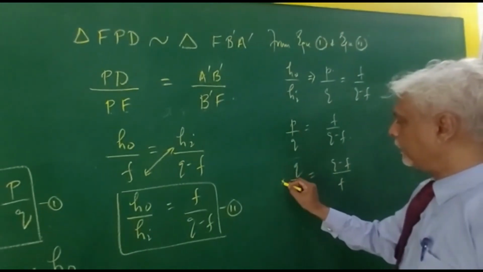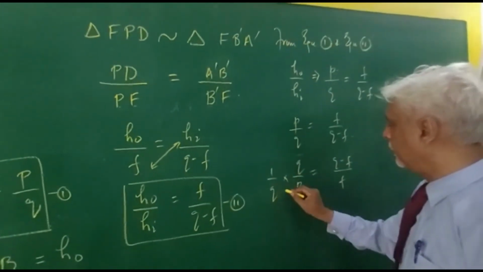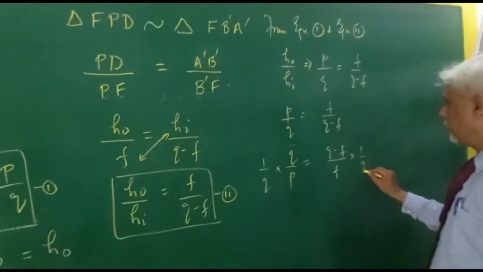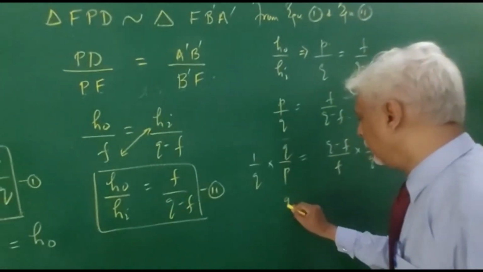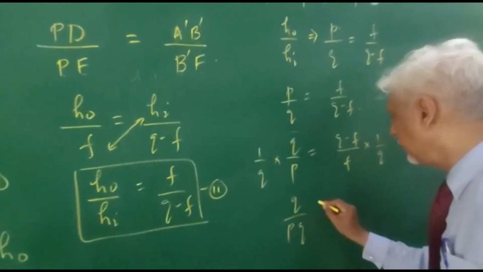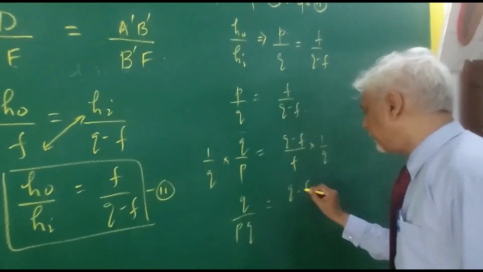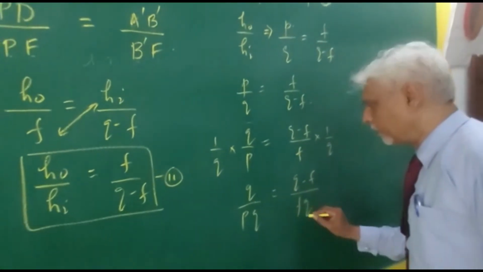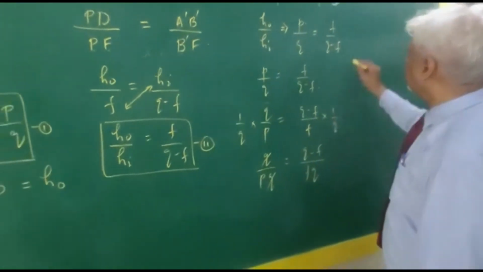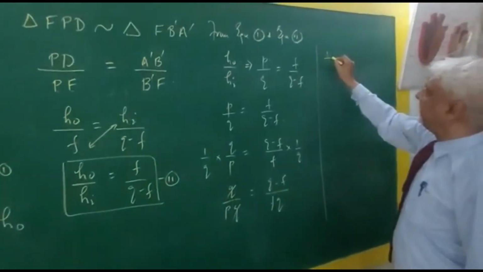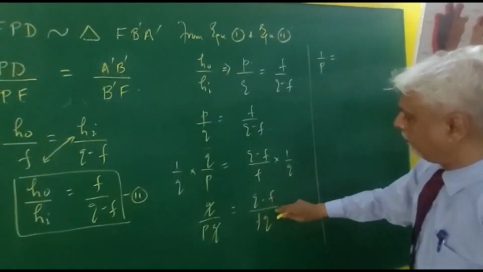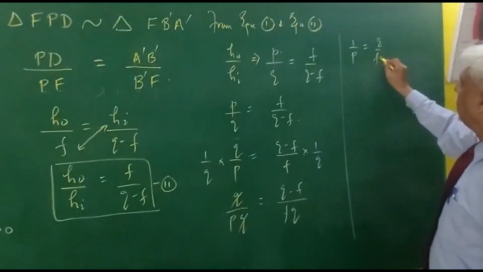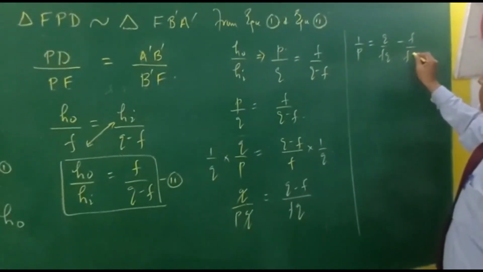I multiply both sides by 1 upon Q, so I get Q upon PQ is equal to Q minus F upon FQ. Q and Q will cancel, so I have 1 upon P is equal to Q upon FQ minus F upon FQ.